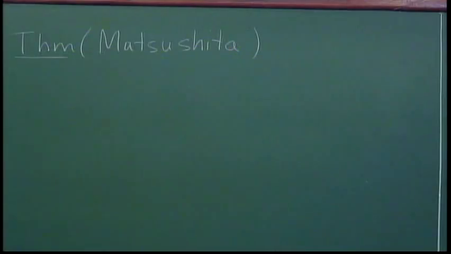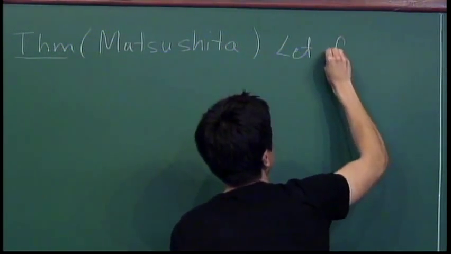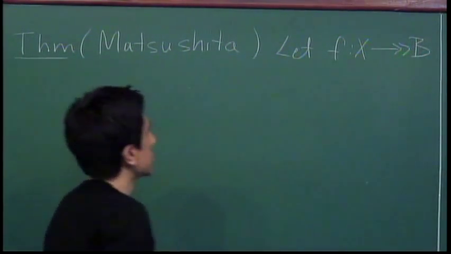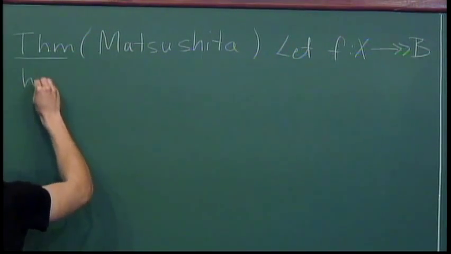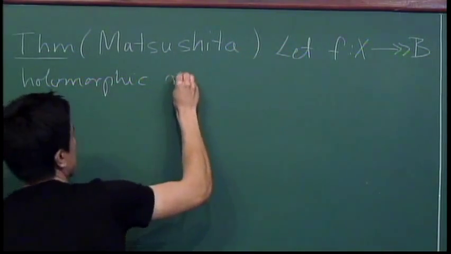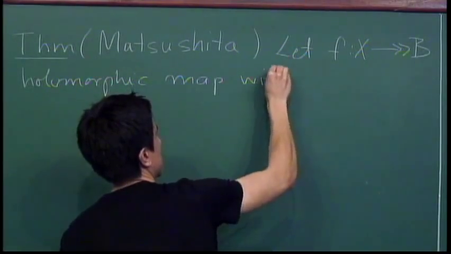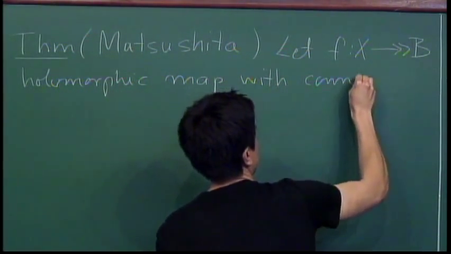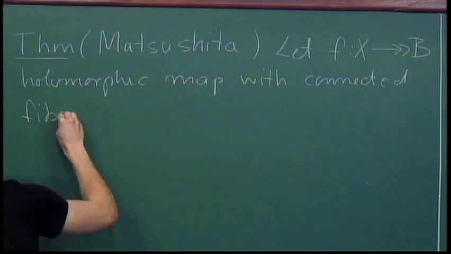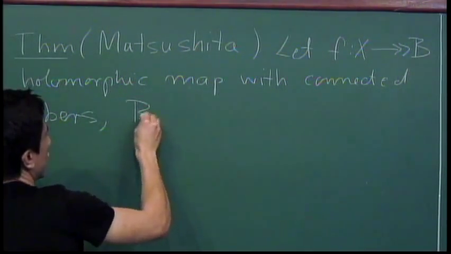So X will be always hyperkähler. So let f from X to B be a surjective holomorphic map, and I want it to have connected fibers. And B is just a normal complex space.